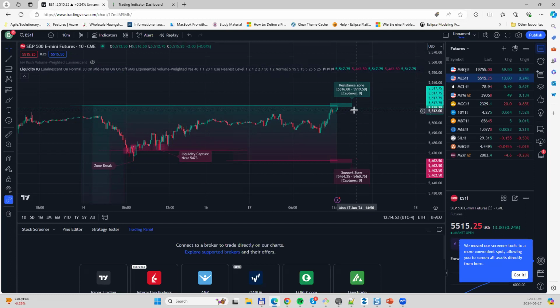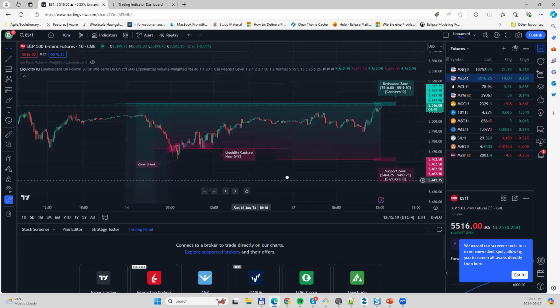And the indicator is smart enough to give this area a certain width, and this expands or contracts depending on how volatile the current market is. If we have a more volatile market situation, then the zone is a bit bigger. If it's very calm and with low volatility, the zone becomes a bit smaller. And the same holds true for the support zone down here.